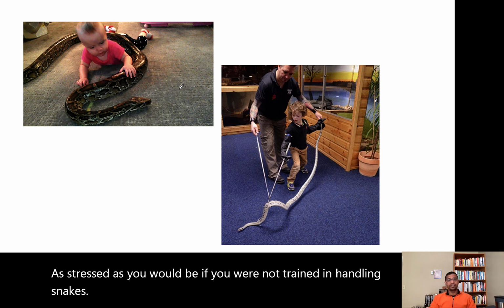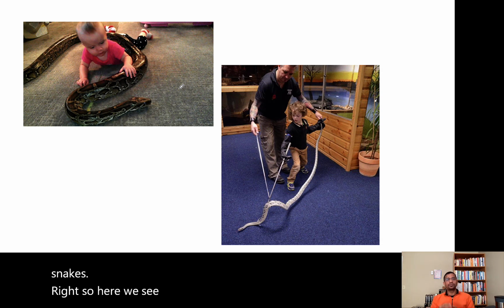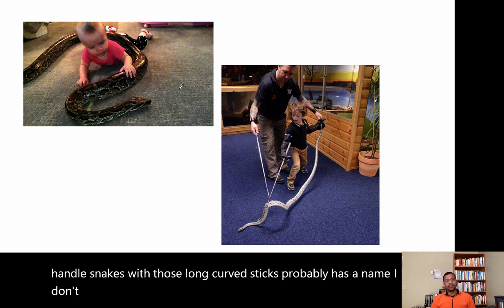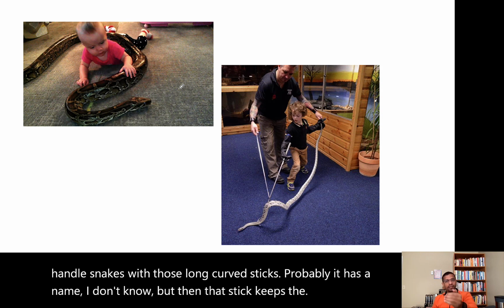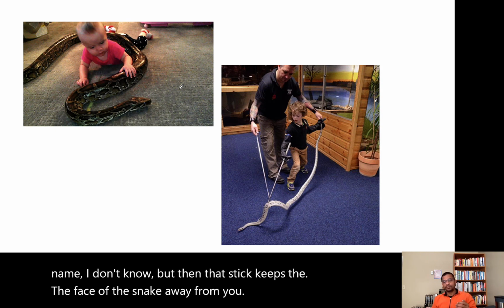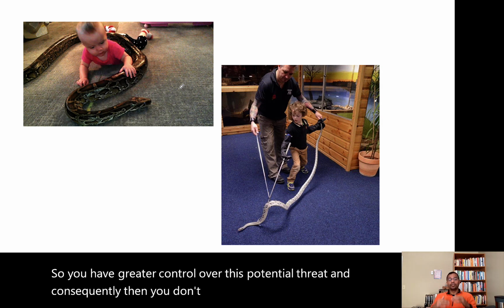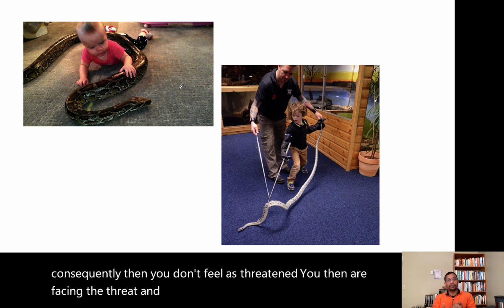So here we see that an expert is training a little kid how to handle snakes with those long curved sticks. Probably it has a name, I don't know. But that stick keeps the face of the snake away from you, so you have greater control over this potential threat, and consequently you don't feel as threatened. You are facing the threat and you are dealing with the threat.